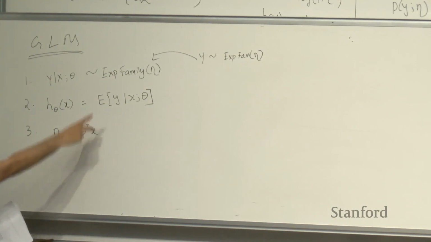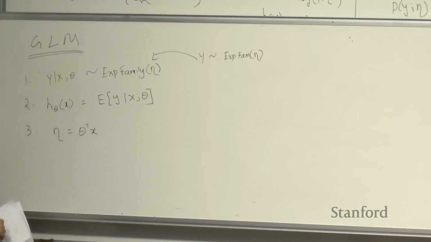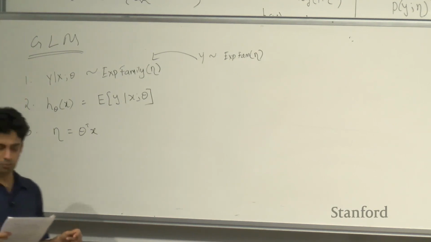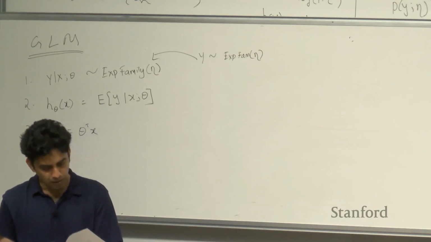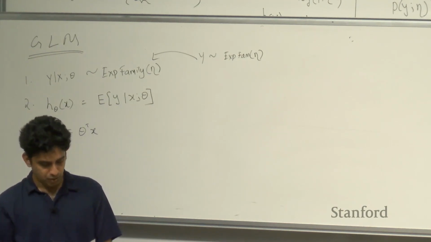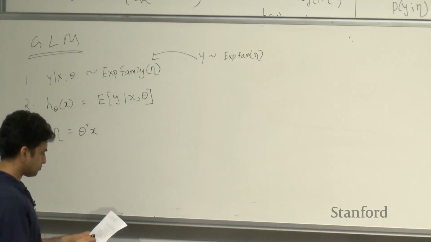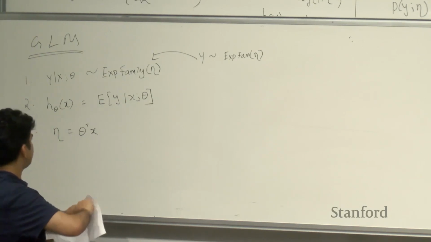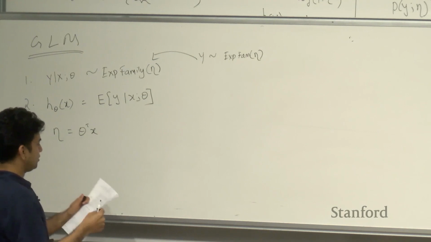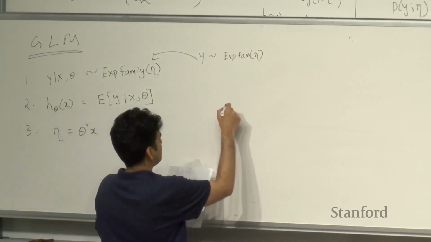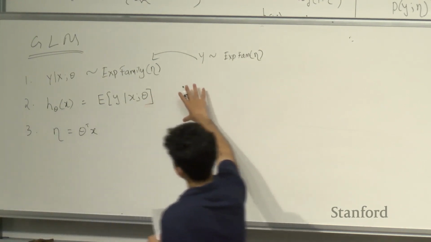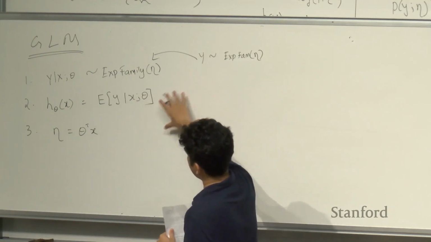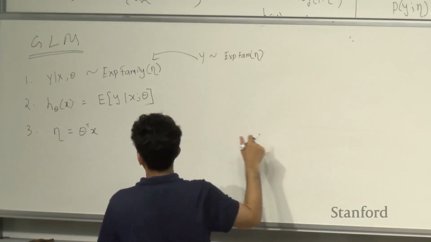Together with these three assumptions, or these three steps, we can construct generalized linear models for different exponential family distributions. Now, let's see how we construct this in a pictorial way. These three steps can be visualized like this.